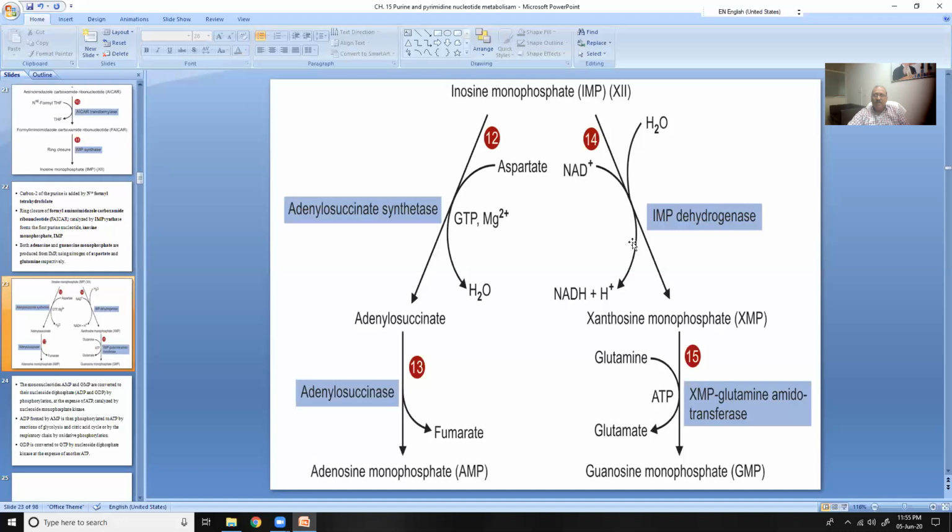And by the addition of NAD, it is xanthosine monophosphate. From adenylosuccinate and by the enzyme adenylosuccinase, we are getting adenosine monophosphate, removal of fumarate, and here glutamine changing to glutamate, and we are getting guanosine monophosphate. So inosine monophosphate, and then adenosine monophosphate and guanosine monophosphate, we are getting it.